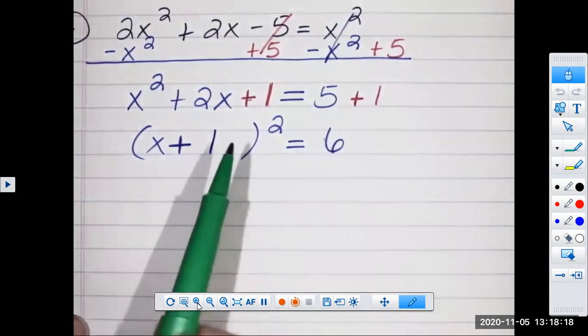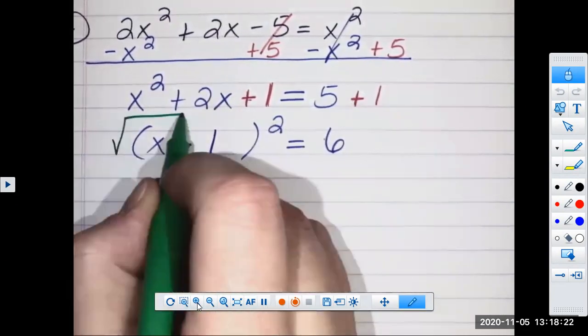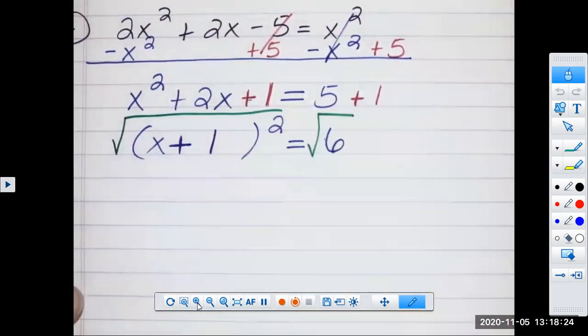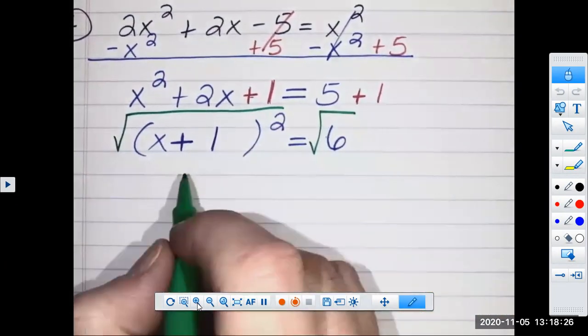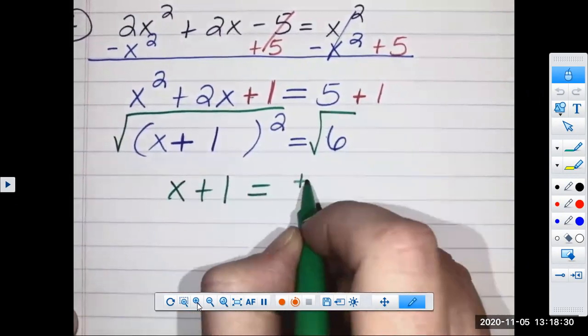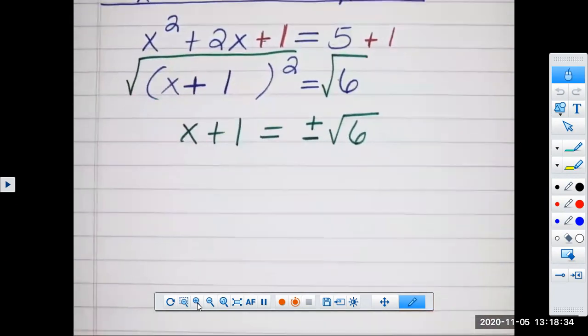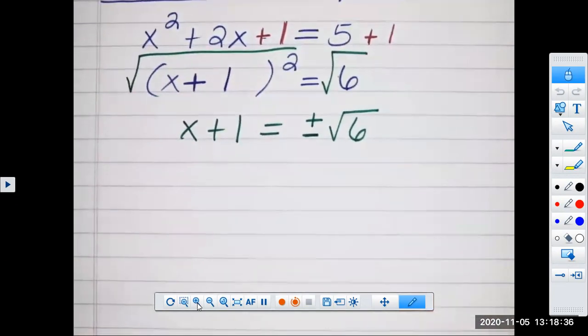Okay, finally, we've factored, we've completed the square. So the last 2 steps: take the square root and solve for x. This will leave you with just x + 1, and you have positive or negative root 6. And you can't simplify the square root of 6.